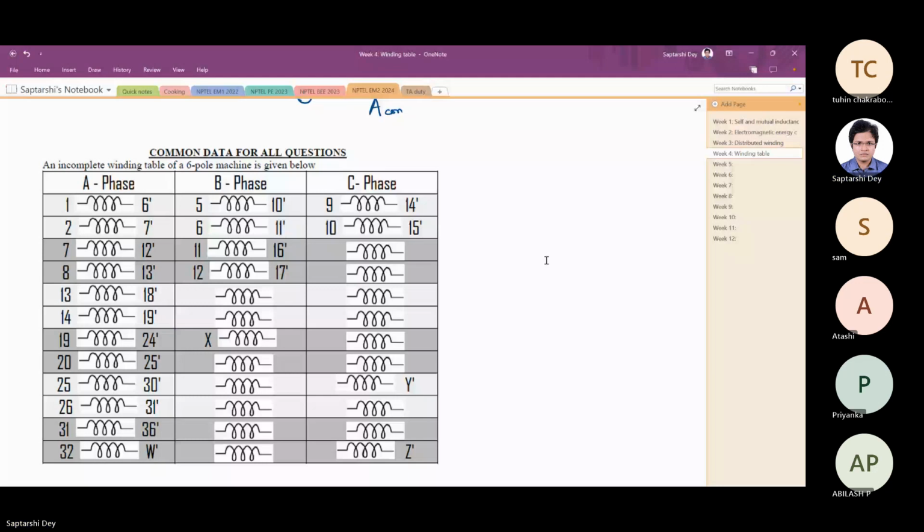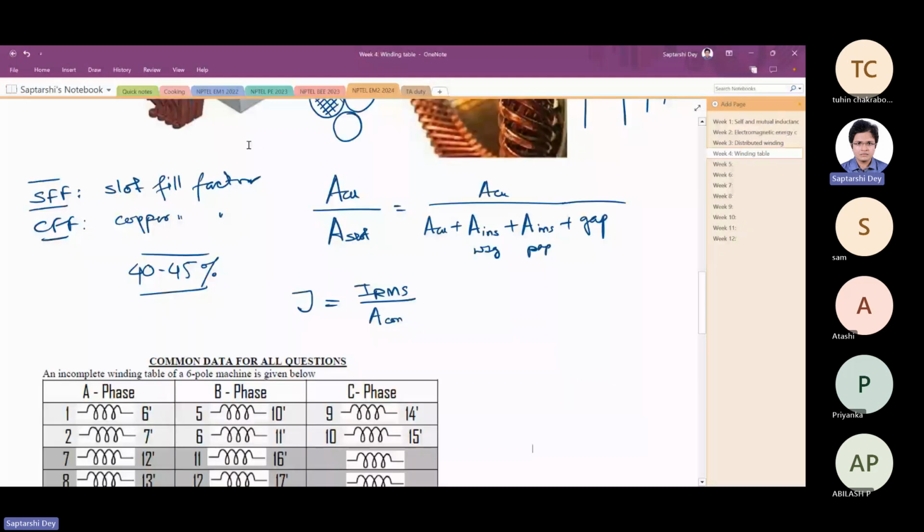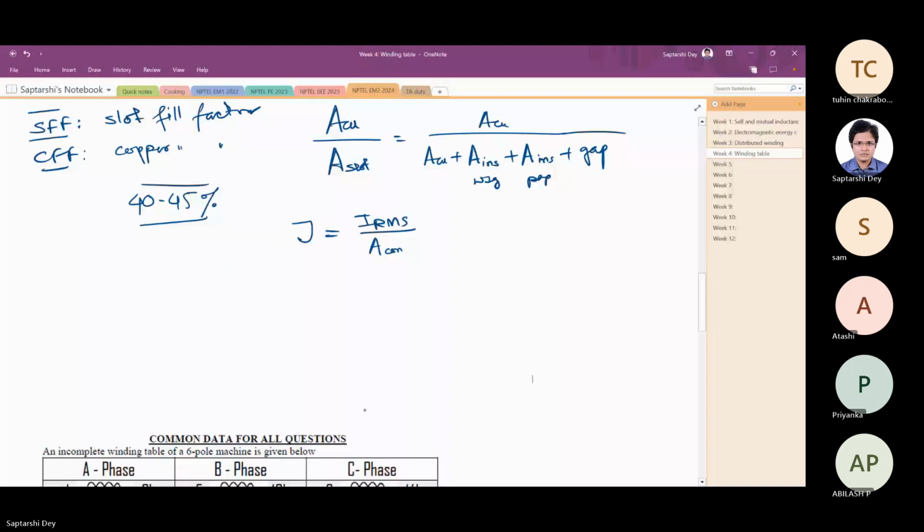Okay, and this will also give you the concept of pole. When you have magnets, or when you have concentrated winding, it's easy to understand the number of poles. Say this is the core, and on the core you have magnets like this.